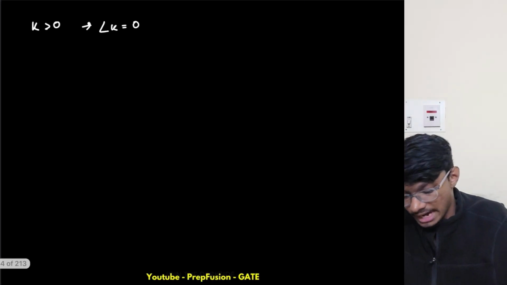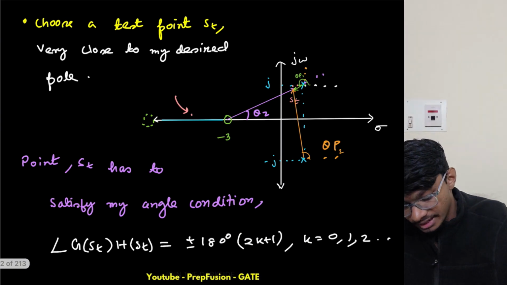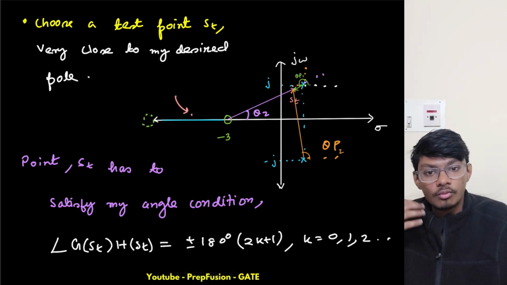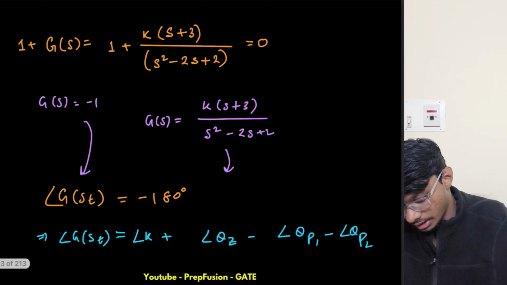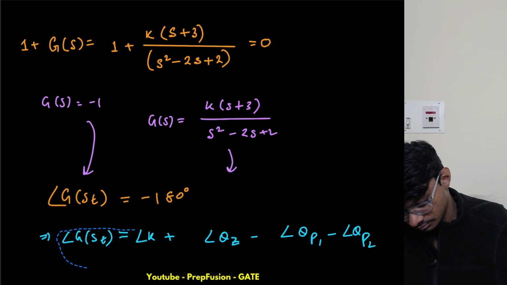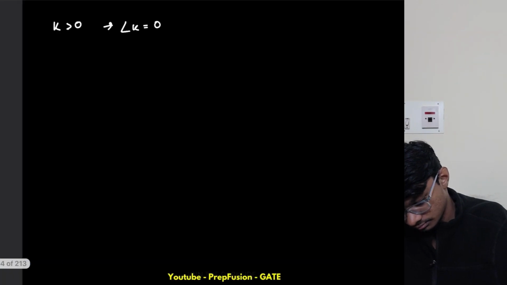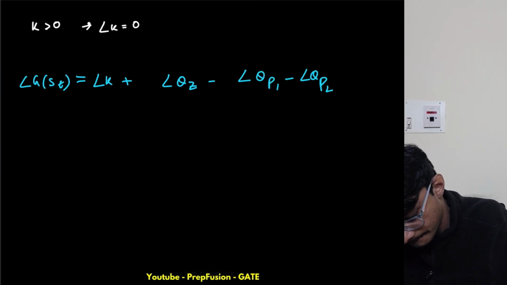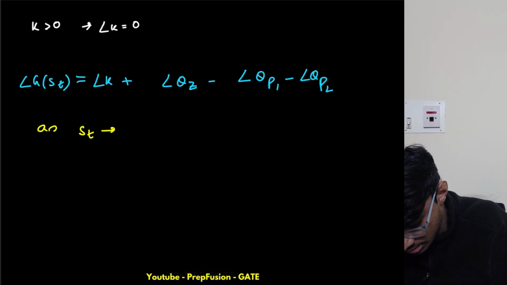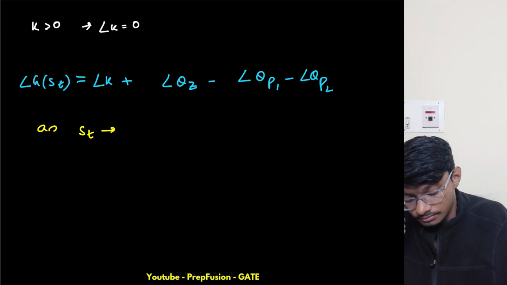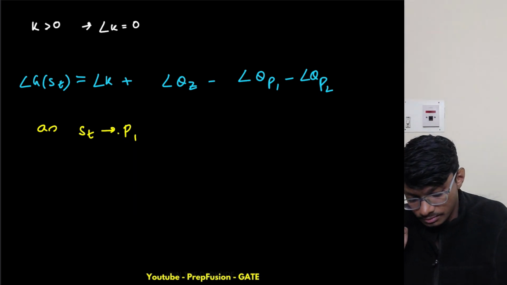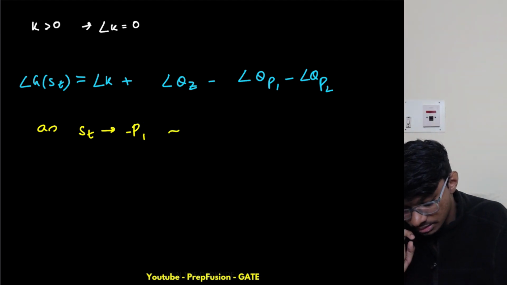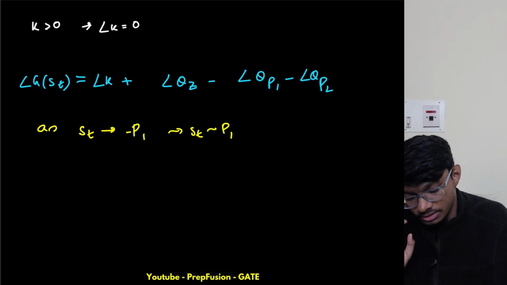Now the important point is, as my st point is really near to this pole, minus p1, I will further derive this: as my st is really near to the p1 pole, minus p1 pole basically, then what I can deduce is that st I can write as almost equal to p1.